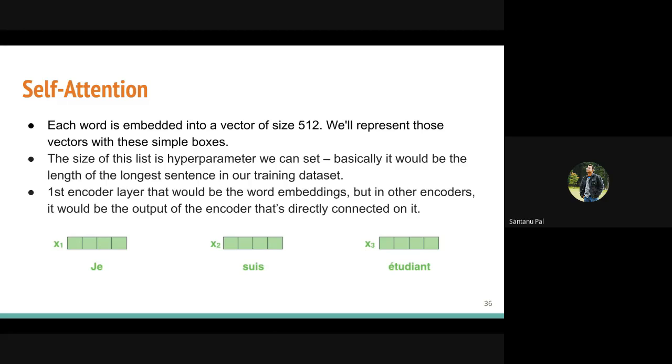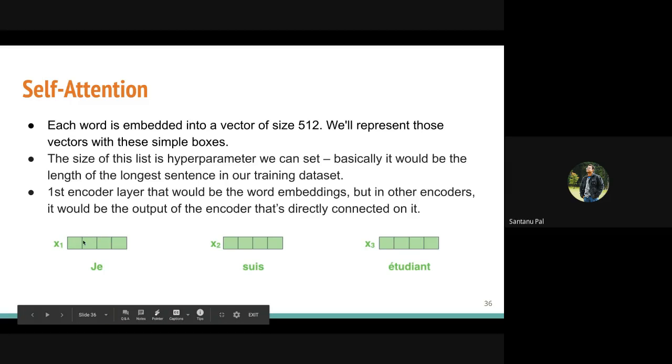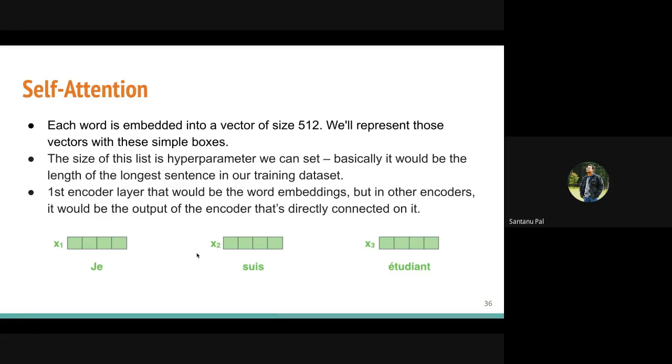So for this case, let's say all the input words are x1, x2, x3, represented like "Je suis étudiant". It is a French sentence, and all the words are representations x1, x2, and x3 correspondingly.